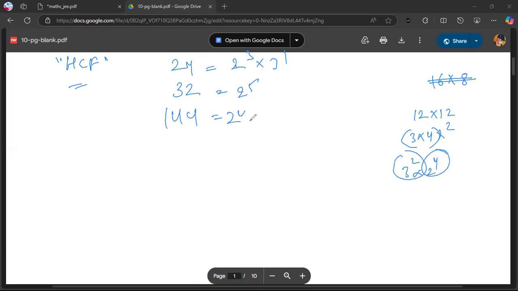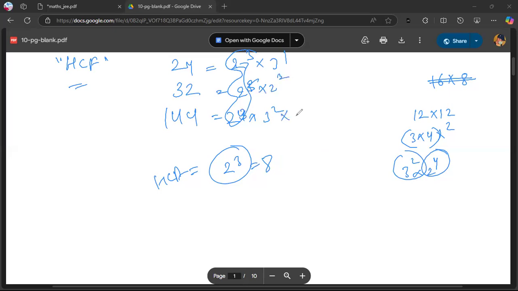Take the common terms: 2 raised to power 3 is common in all, and nothing else is common. So the HCF is 8. This can be written as 2 raised to power 3 into 2 raised to power 2, and this as 2 raised to power 3 into 2 raised to power 1. Now this term is the only one common amongst all. Understood?